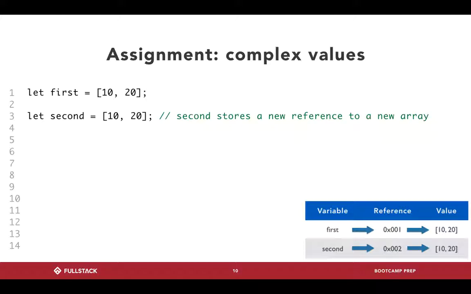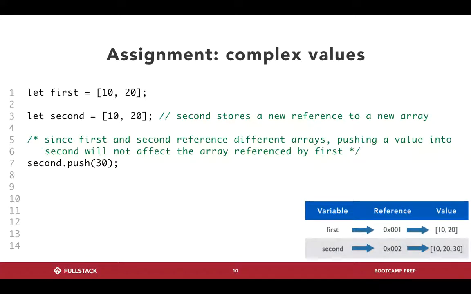It's like saying two houses with the same coffee table. Yes, they're the same coffee table type, but they exist in two different places, and they have no connection to one another. That's why this variable first points to one address, which points to this value. Second points to another completely different address, which happens to also store the same value at this point in time.